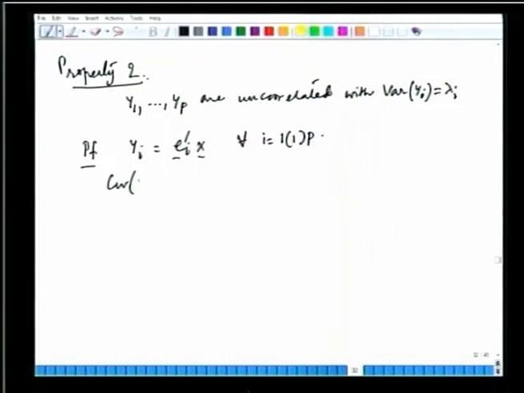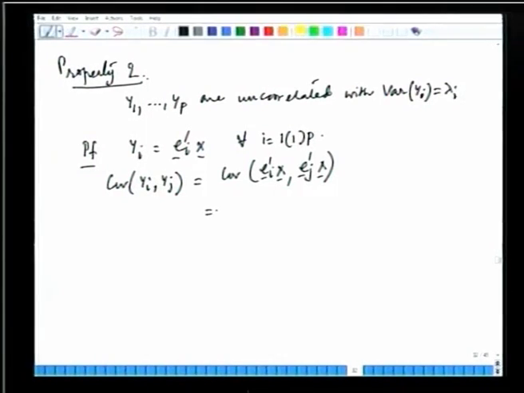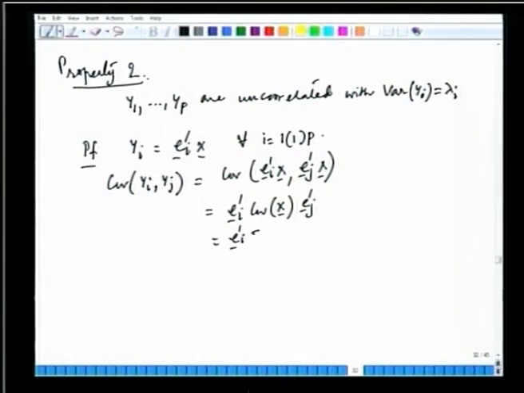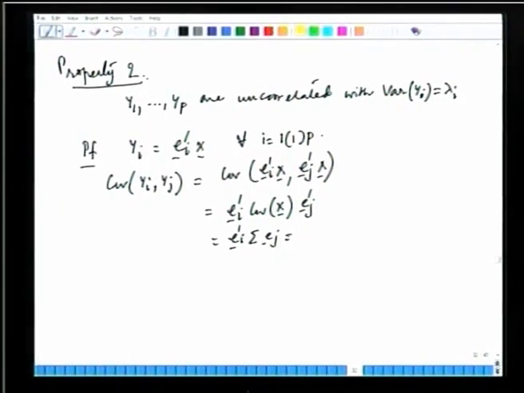So if I really have to consider what is the covariance between yi and yj, well, it is nothing but the covariance between ei prime x and ej prime x. So this is in fact ei prime times the covariance of x, times ej, and this covariance of x is nothing but our sigma matrix, the matrix which is very important to us for calculation of eigenvalues and eigenvectors.